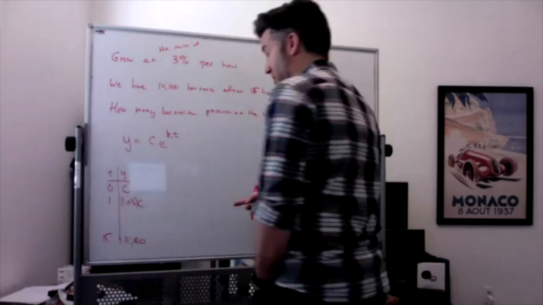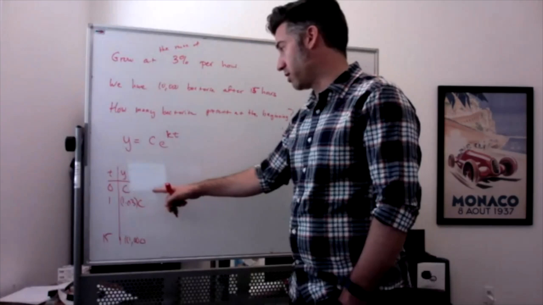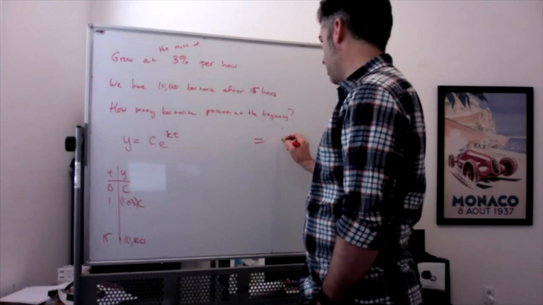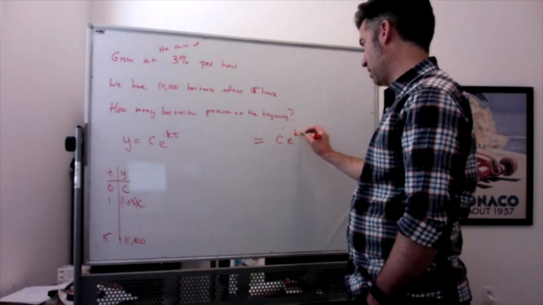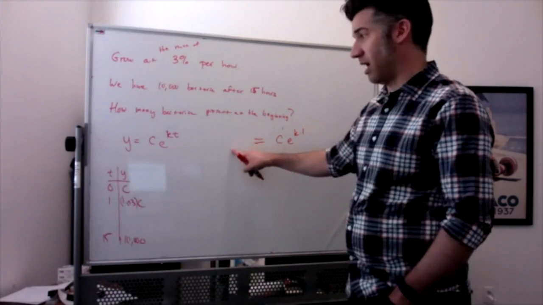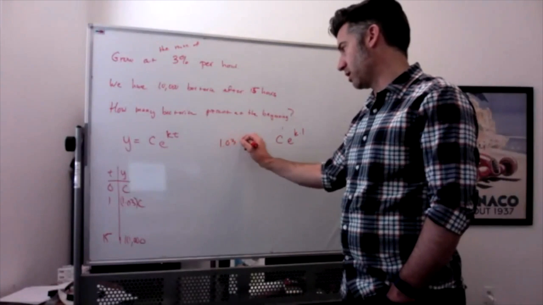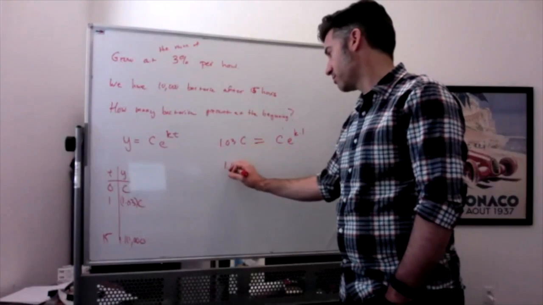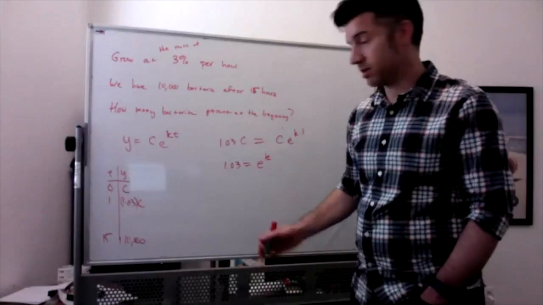So what I'm going to do is use that and say, okay, when I plug in time equal to 1, on the right-hand side, I have c times e to the k times 1. On the left-hand side, I'm going to have 3% more than I started with, so 1.03 times c. I can divide both sides by c, and I can take the natural log of both sides.